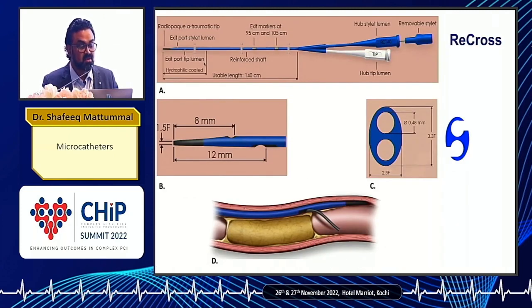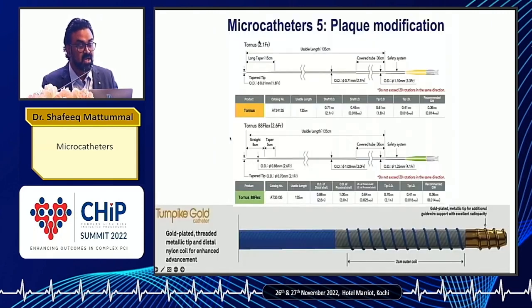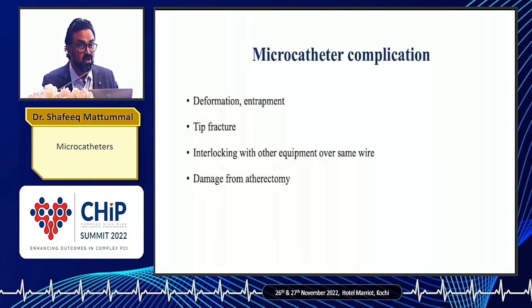This is another side port dual lumen catheter, ReCross, which has an 8 millimeter tip to the second wire exit. Microcatheters with plaque modification include the Turnpike Rod, which is a gold-plated threaded structure that can be advanced through difficult plaque, so it can help in plaque modification as well.